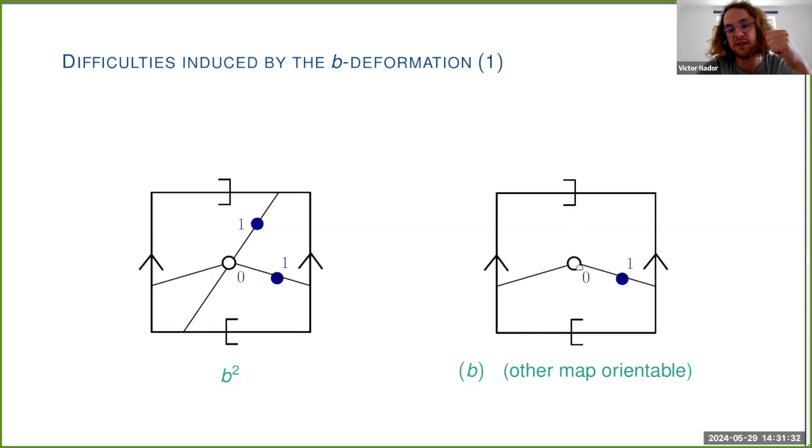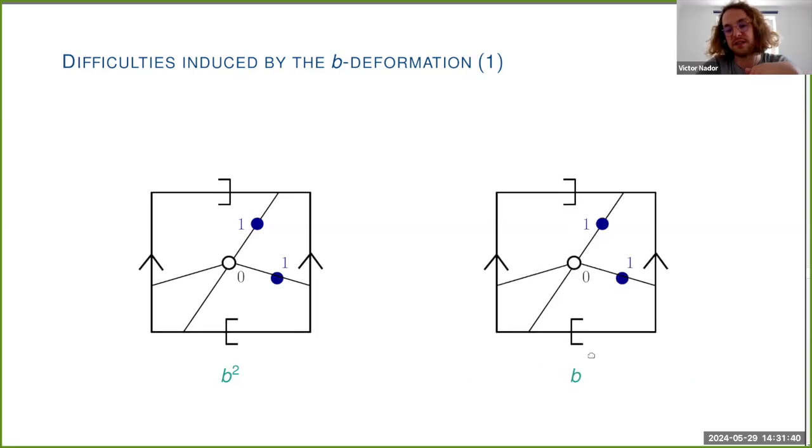But then, at this stage, I have an orientable map for my horizontal edge, so I know I'm going to have weight 1. So in this case, I only have weight b. What this means is that to properly collect the weight in b, I have to watch out for the order in which I am deleting edges.